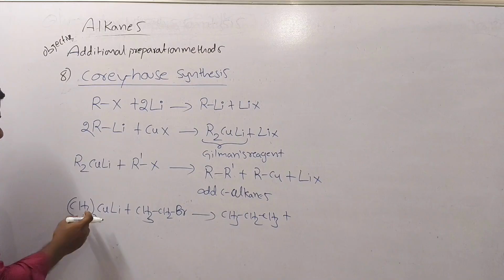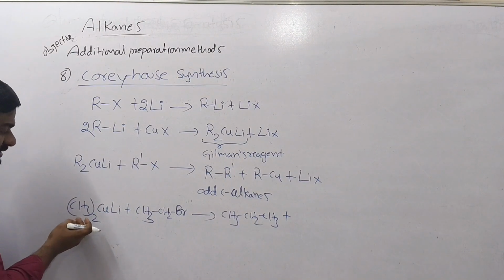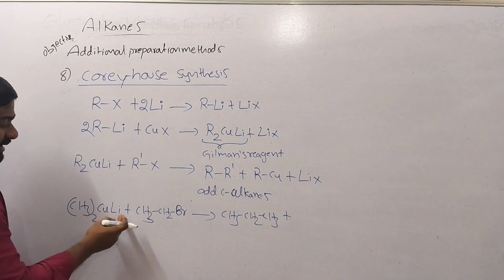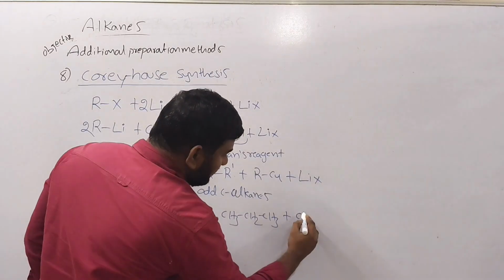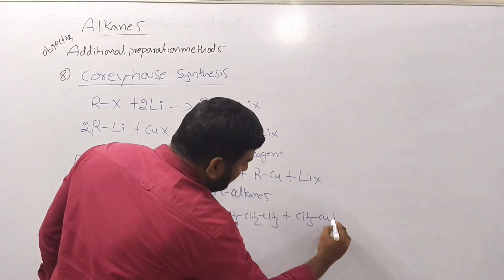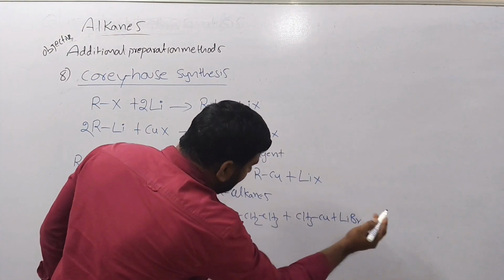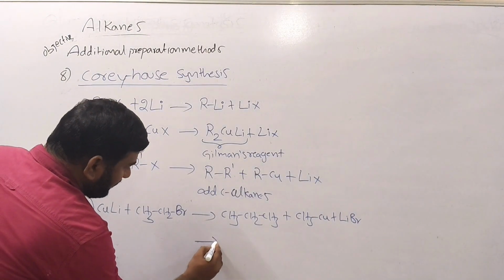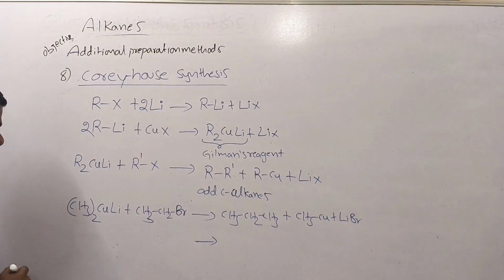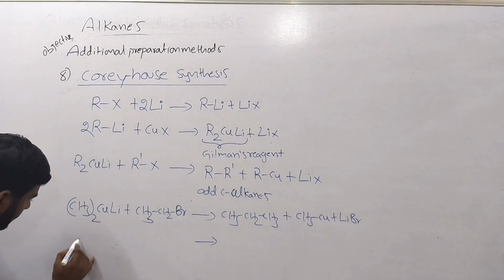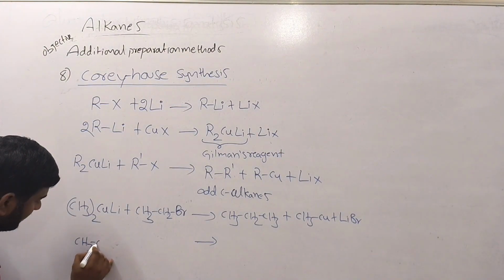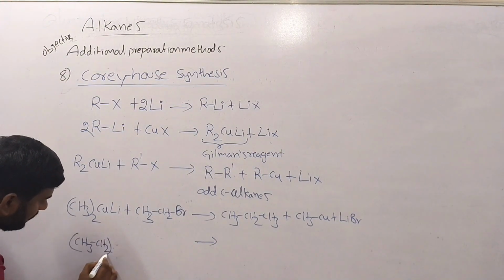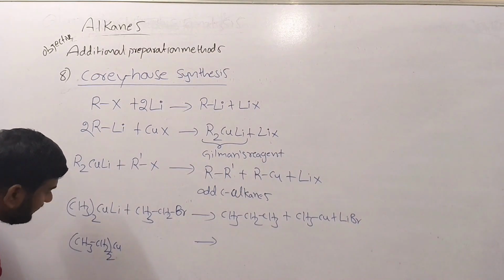Later the remaining products are what? CH3Cu and LiBr. So CH3Cu plus LiBr. In this way we can prepare the alkanes. Sometimes they will give, for suppose, diethyl copper lithium.